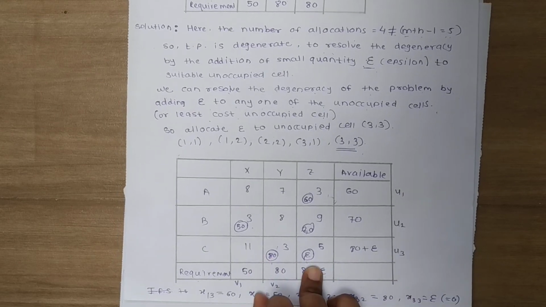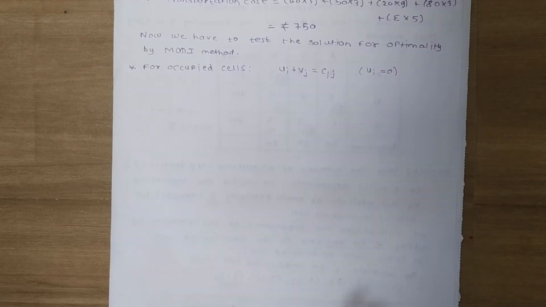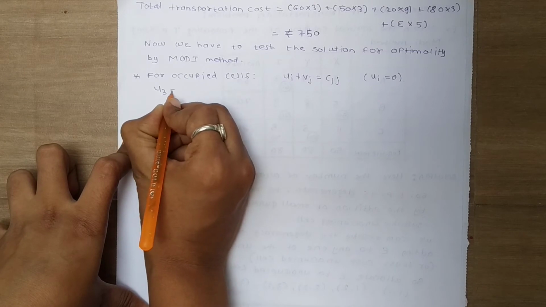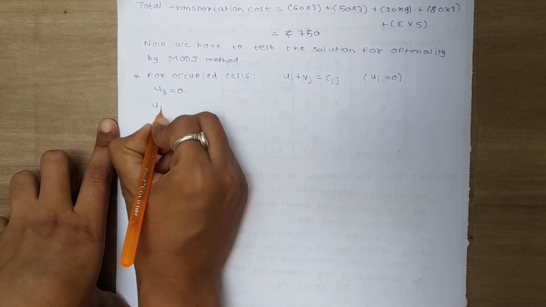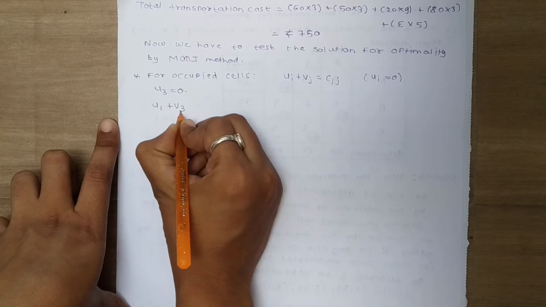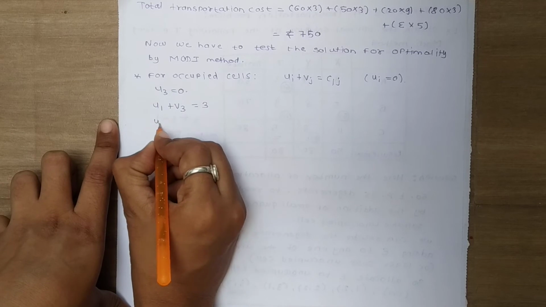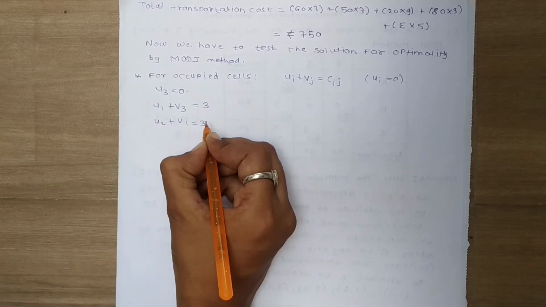Here there are 2 allocations in this row. Here U3 equals 0. U1 plus V3 equals 3. U2 plus V1 equals 3.